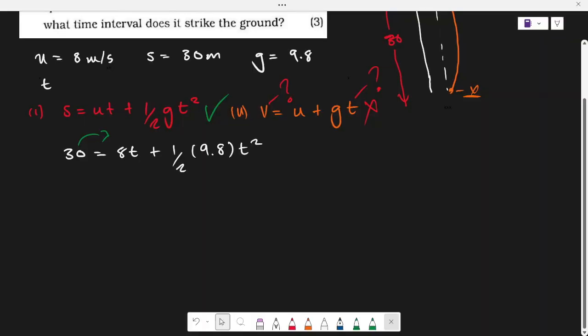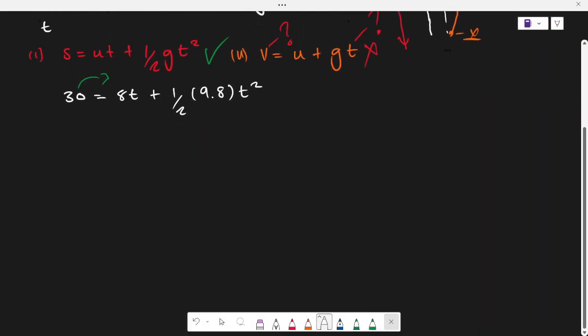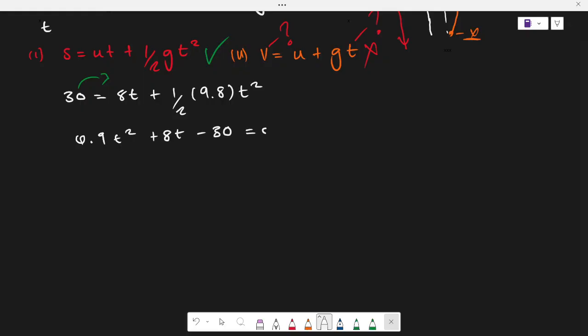When we do that, we get 4.9 t squared plus 8t minus 30 is equal to 0. You look at this and quickly realize that it resembles a quadratic equation, which it is. So now we're going to solve this quadratic equation in order to find the value of t.